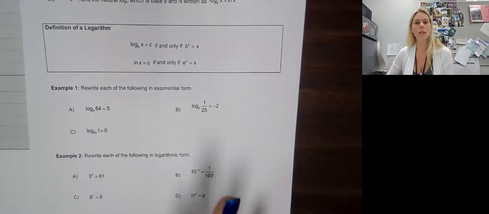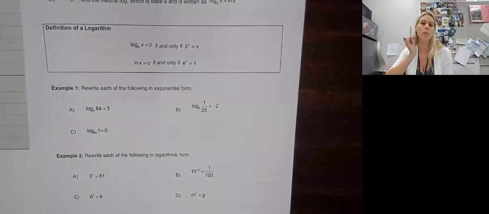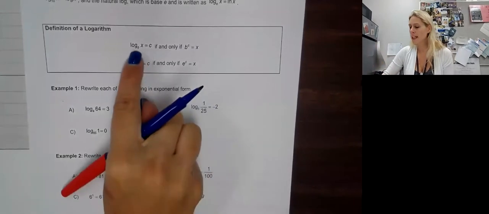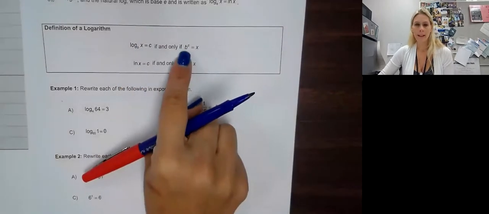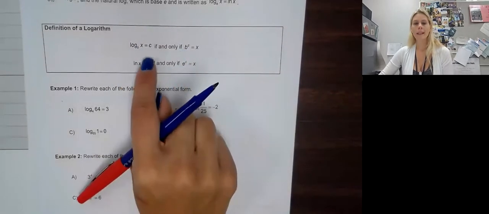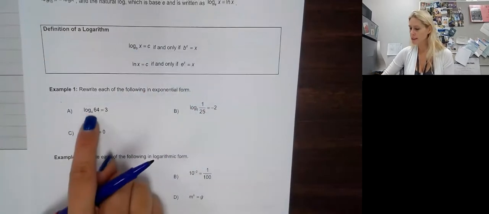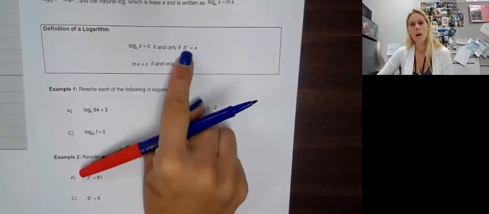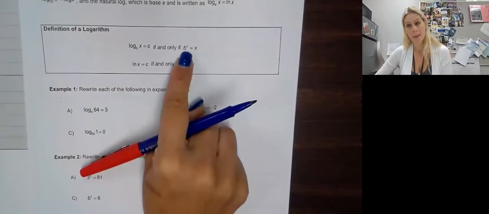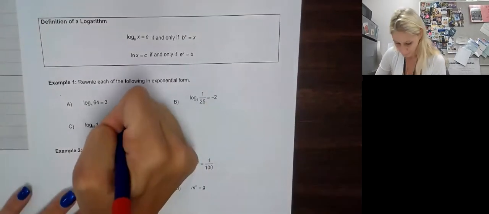So let's do a little rewriting here. This example 1 here, we're just going to rewrite it in the exponential form. So we're taking it from a log and putting it in exponential. So let's start with our base. Our base for a is 4. And here, what we do is we put it as the base for the exponential.